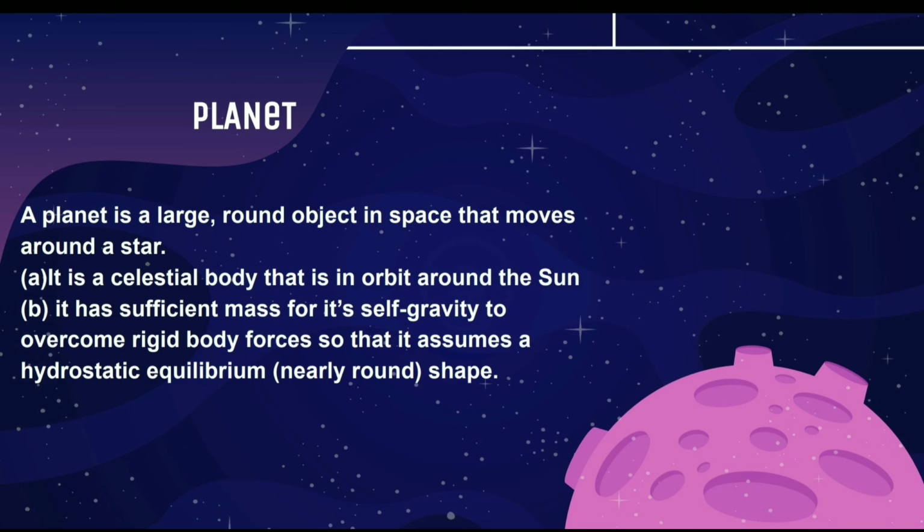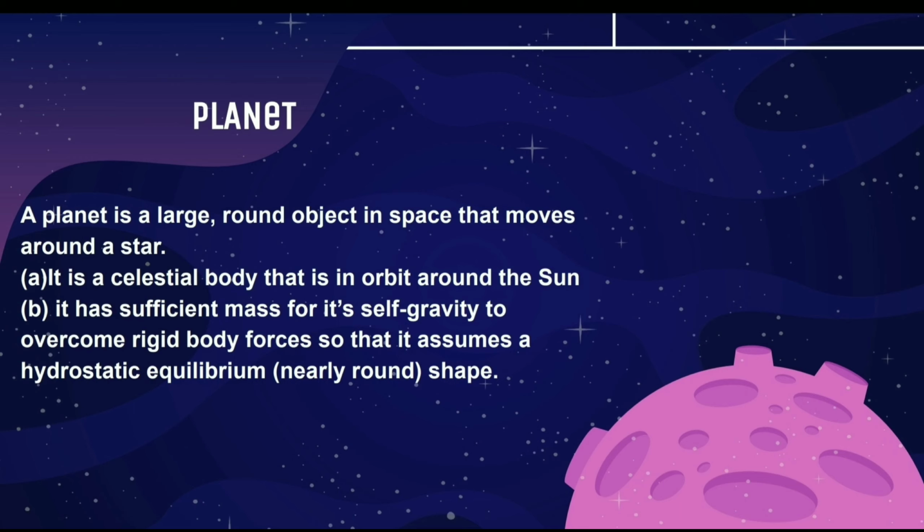But what is a planet though? Well, a planet is a large round object in space that moves around a star. And in this case, in the solar system, this star is the sun. It is a celestial body that is in orbit around the sun, which we mentioned before. And celestial just means belonging to outer space. It has sufficient mass for its self-gravity to overcome rigid body forces, so it assumes a hydrostatic equilibrium, which is a nearly round shape.